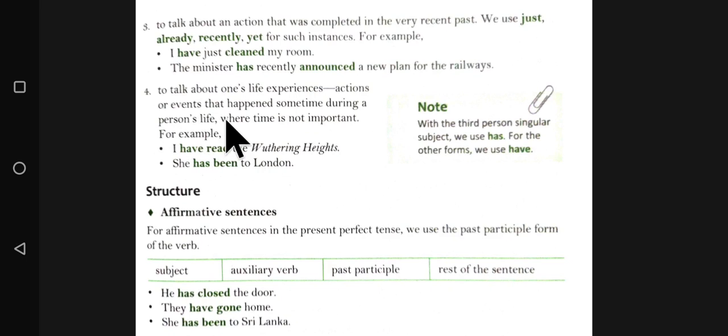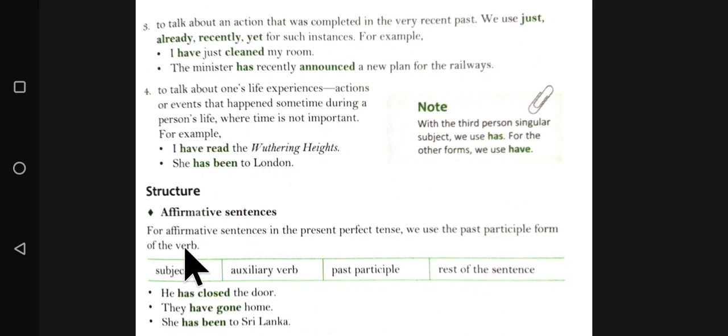Okay, now let's try to understand about the structure. Okay, so as we have been studying in previous topics also, mainly there are three types of sentences: affirmative sentence, negative sentence, and interrogative sentences. Okay, so now first we are going to see the structure of affirmative sentence or positive sentence in present perfect tense.